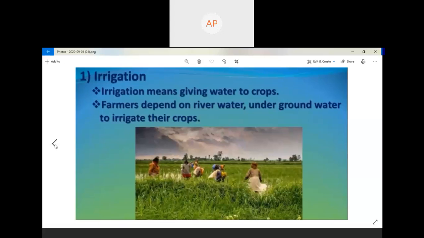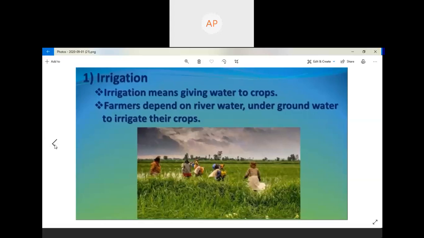Agriculture field, crops, all that is farming. Irrigation means giving water to crops. So it's a method of giving water to crops. So farmers depend on river water and underground water to irrigate the crops.